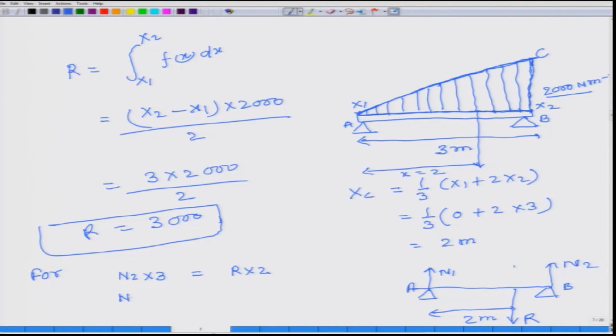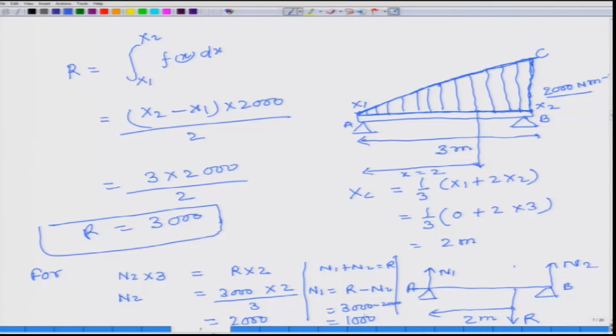So, N2 would be equal to R, which is 3000 into 2 by 3, which is equal to 2000, right, because total N1 plus N2 should be equal to R, right. So, then N1 would be equal to R minus N2, which is 3000 minus 2000, which is 1000.